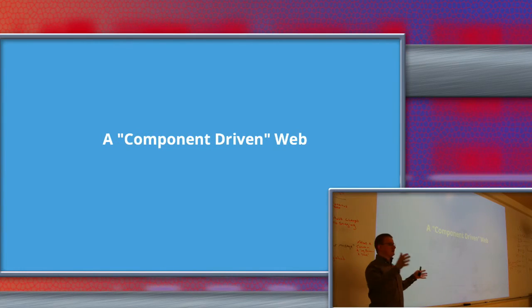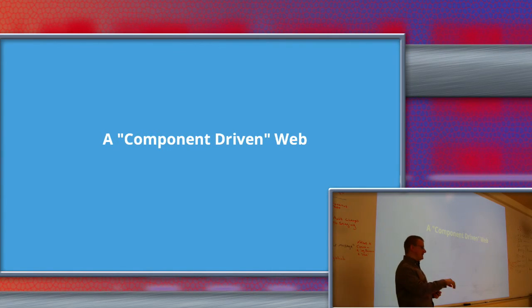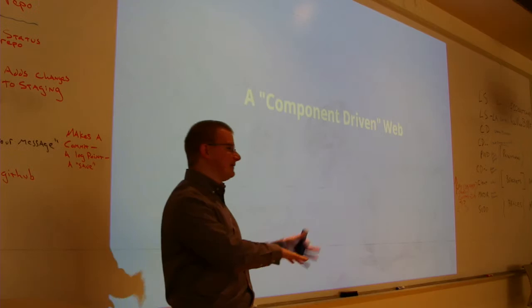Maybe there's one particular tabs element or one particular accordion element that becomes very popular. What if the spec authors, the W3C, or whoever's making those decisions, looked at that and said, hey, we're going to take that and incorporate it into the browser because everyone's using it.